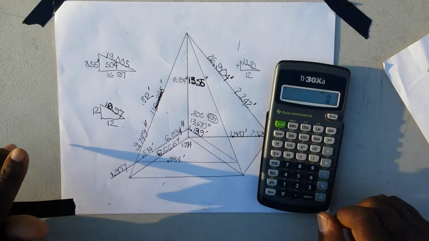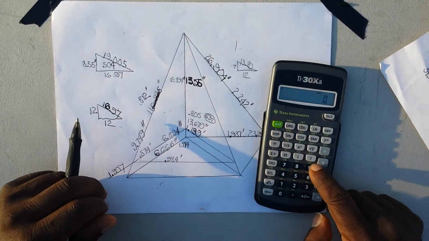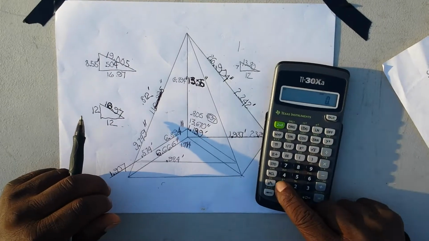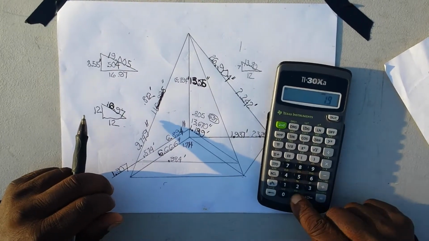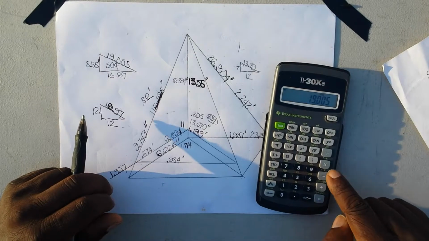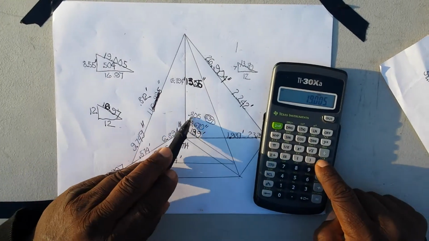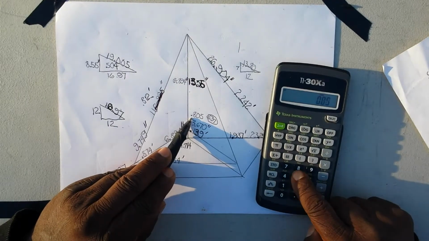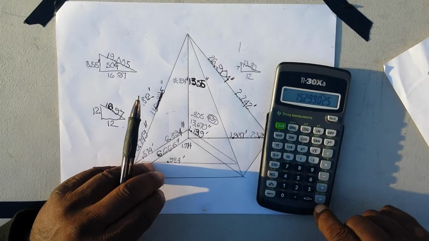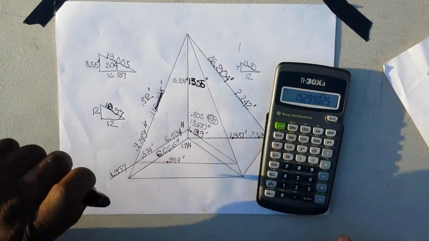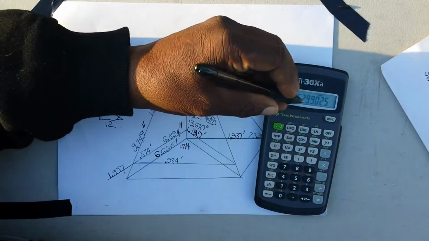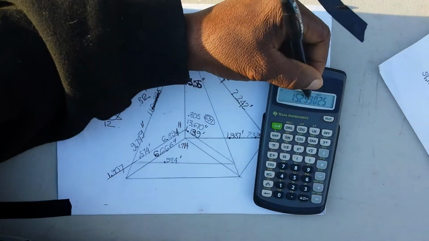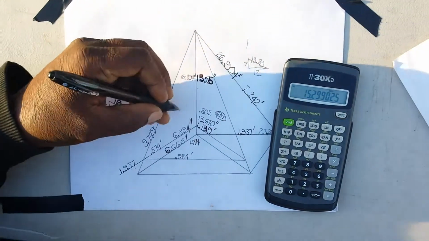Okay, I think I put a decimal. Okay, 19.005 times 0.805 equals 15.29. You could just make it 15.30 because the third number is 9.